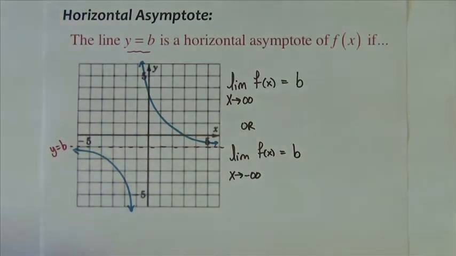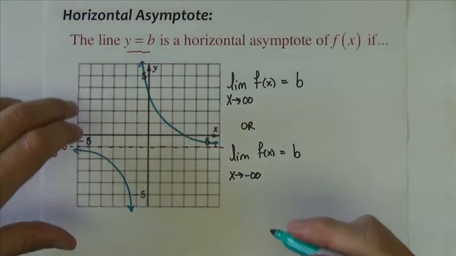What we're looking at in this particular lesson really are limits that involve infinity. And these limits for horizontal asymptotes involve infinity on the x. So as x approaches infinity or as x approaches negative infinity.